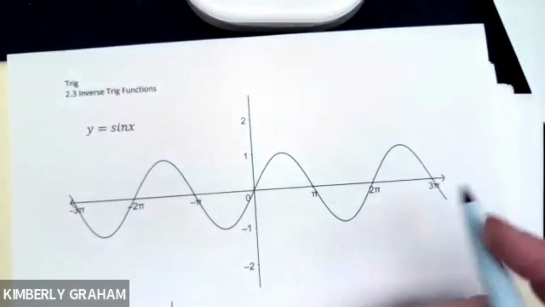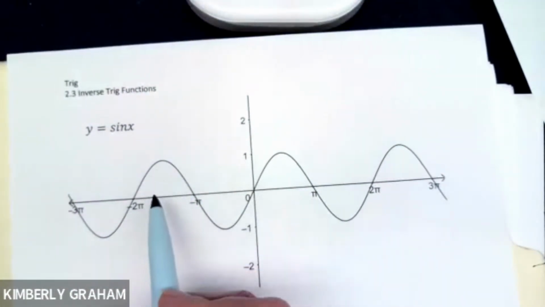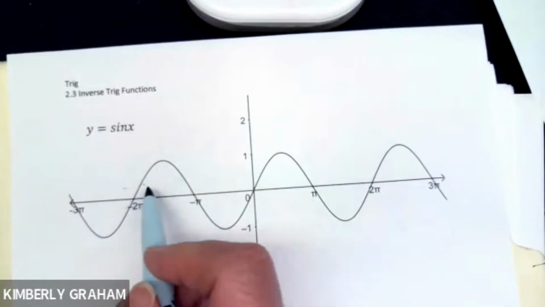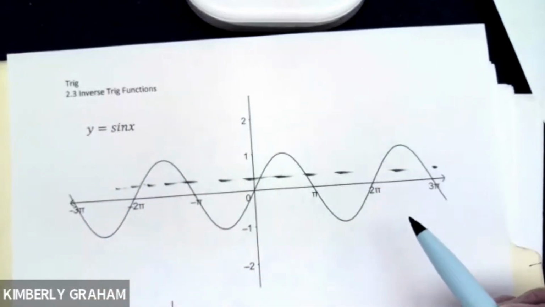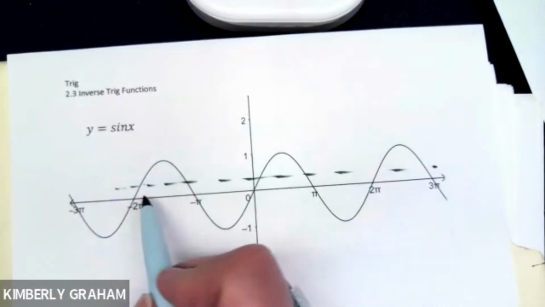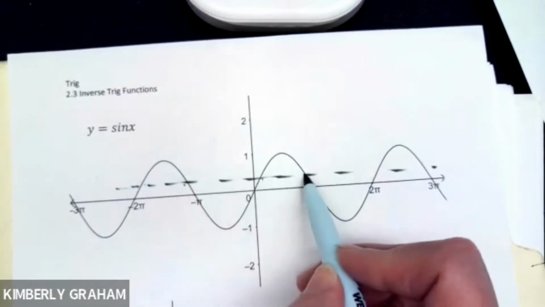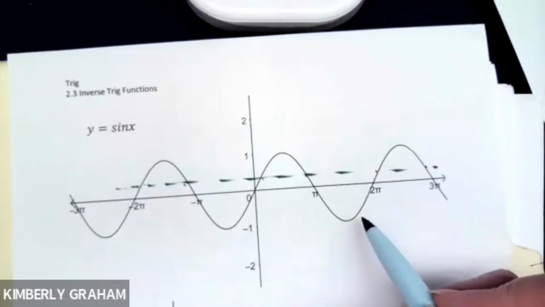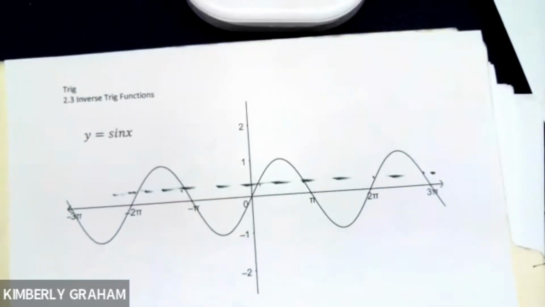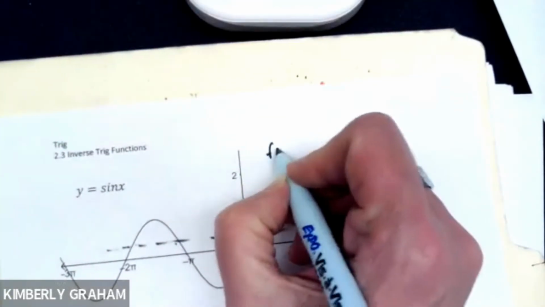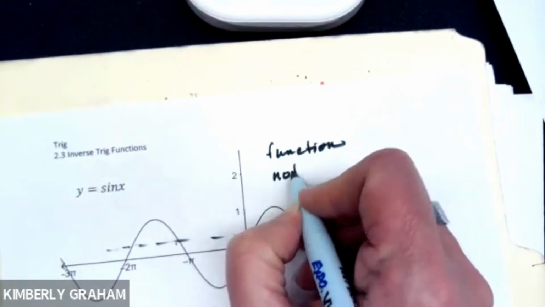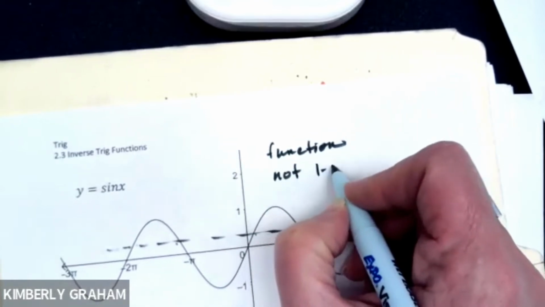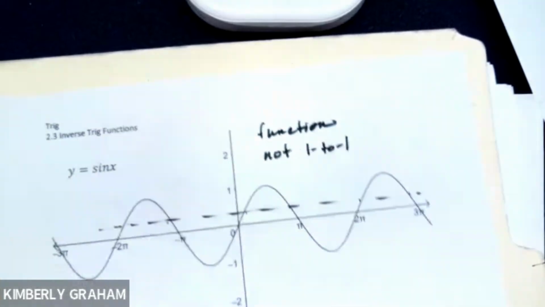It's a function. But if I used my horizontal line test, I can see it does not pass my horizontal line test, right? A horizontal line is going to touch my graph in a lot of spaces. This is a function, but it is not 1 to 1.